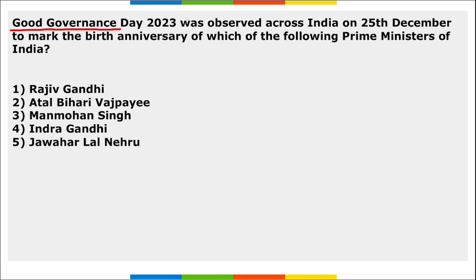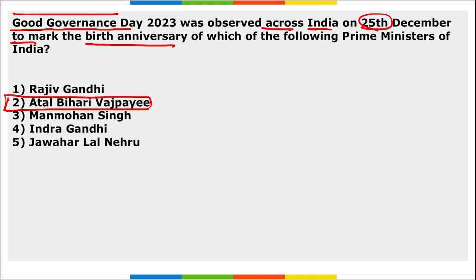Next, Good Governance Day was observed across India on 25th of December to mark the birth anniversary of which of the following Prime Ministers in India? Good Governance Day is observed on the birth anniversary of Atal Bihari Vajpayee ji. Correct?